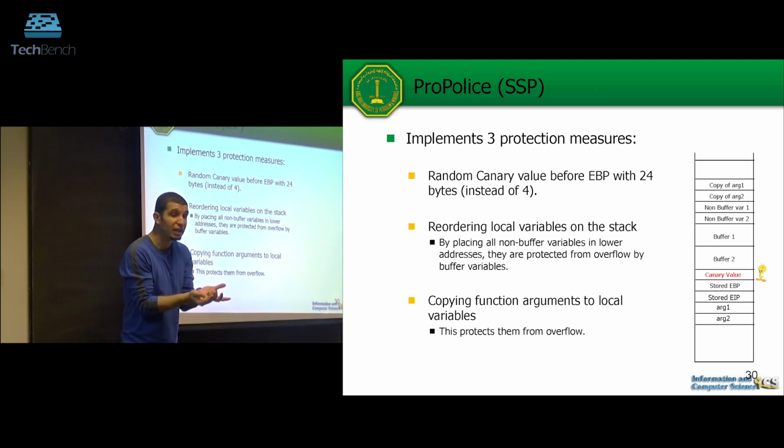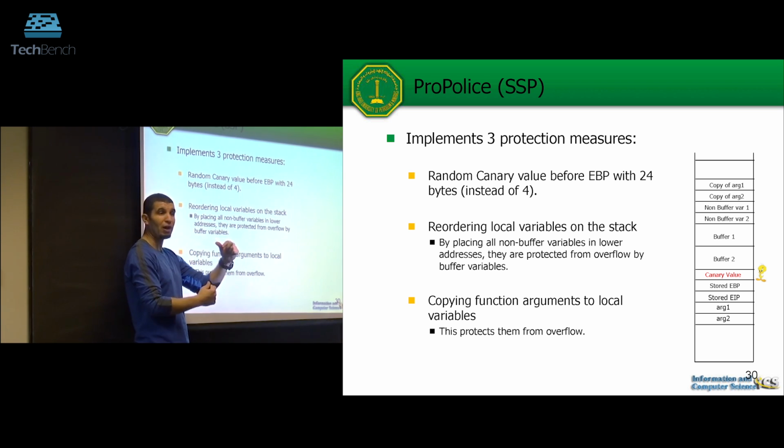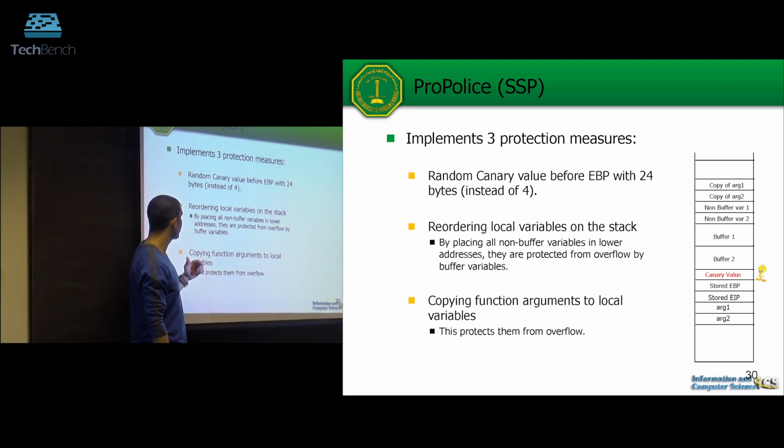If the goal of the attack is to override some variable's value with another variable, then reordering will prevent that, making the attack not very stable. Reordering local variables on the stack places all non-buffer variables in lower addresses, so they are protected from overflow by buffer variables.